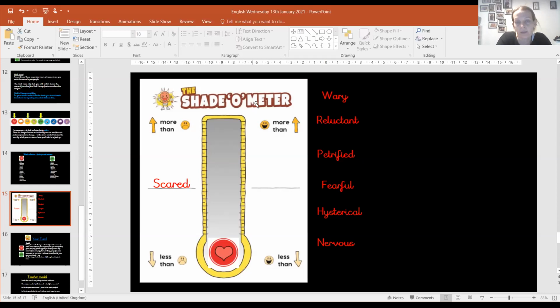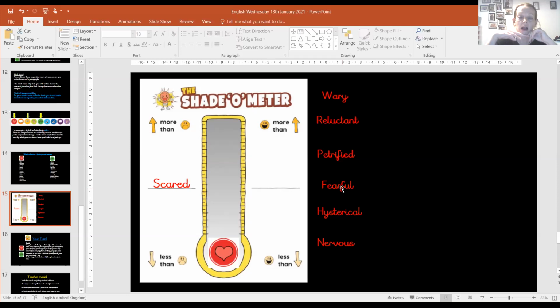So the shadometer helps us to do that. So I'm going to show you how this works, and I want you to think about the words you've got and where they are best placed in your story. So this helps us be really precise with that vocabulary that we've collected.